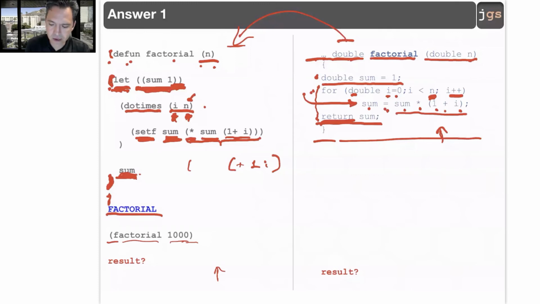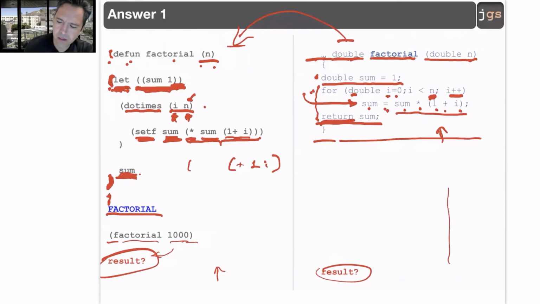You call this one, and here you have the result. Now, I asked you for the result using the Java version and the Lisp version. Can you call this one, the Java version, of the factorial method and ask for the factorial of 1000?